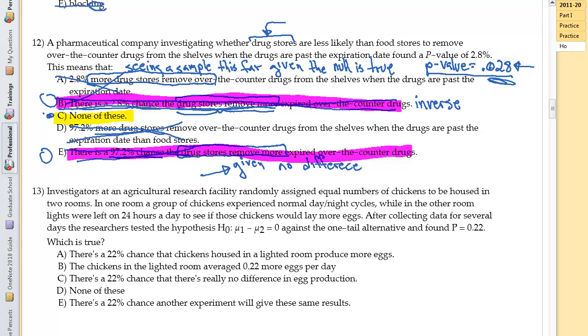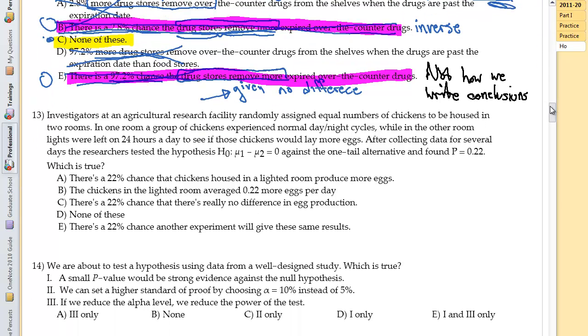This is not how we write our conclusions. So that's why I don't like B and E, because they're really not how we write conclusions. Okay, and I think that's pretty straightforward. Okay, so let's go on to 13.